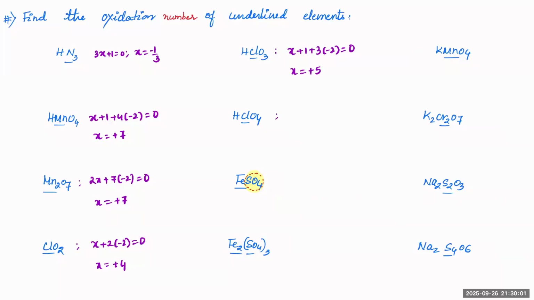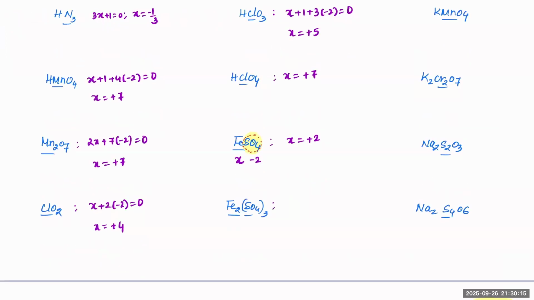This is same as ClO4 minus. So here x we got as +7. And here only sulfate is -2. That makes iron +2. Correct? And here also only sulfate is -2. So 2 times x plus 3 times -2 overall equal to 0. So 2x is equal to 6 and x is equal to +3.